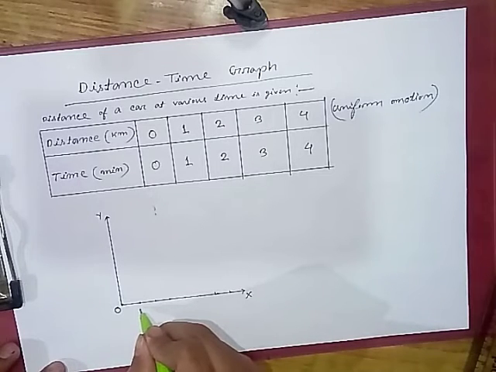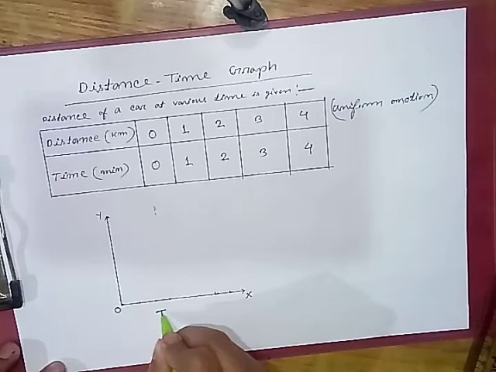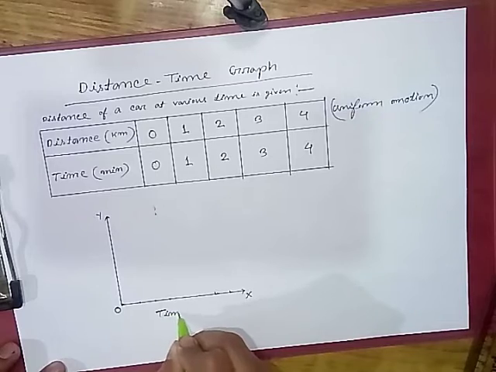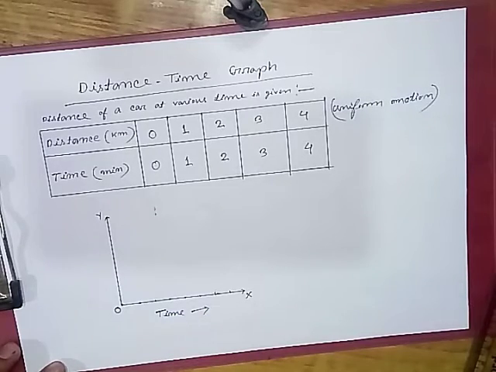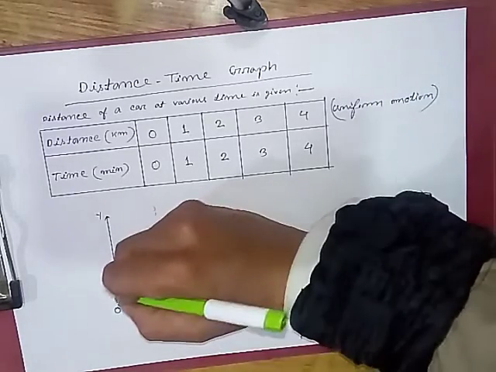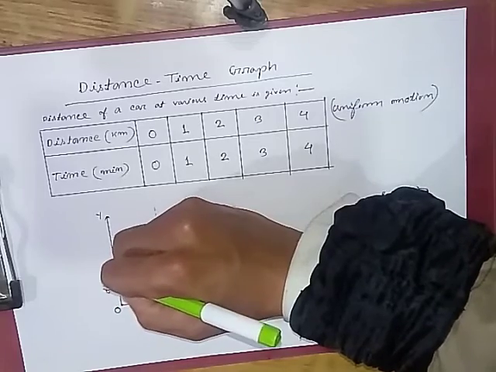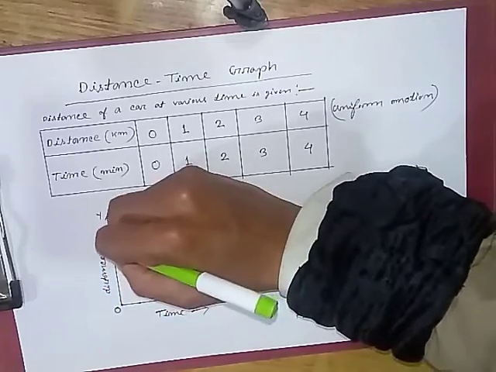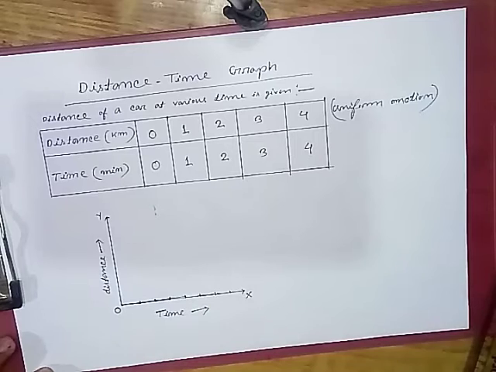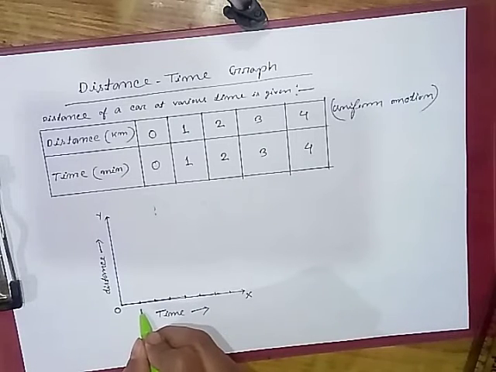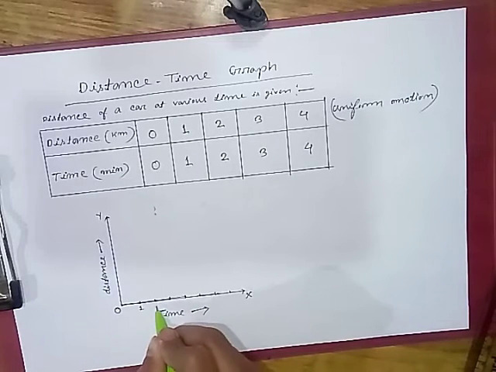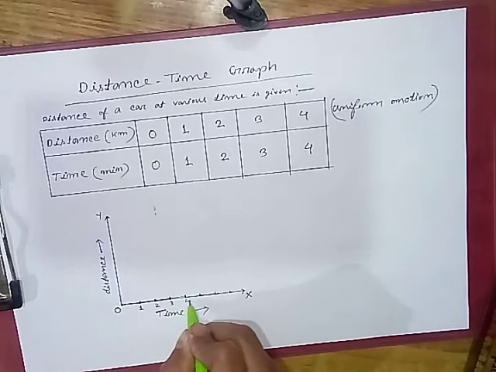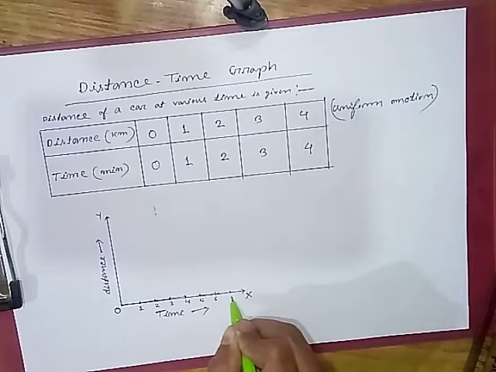So this is the time axis and this is for distance. Now I will number it as 1, 2, 3, 4, 5, 6. Okay.